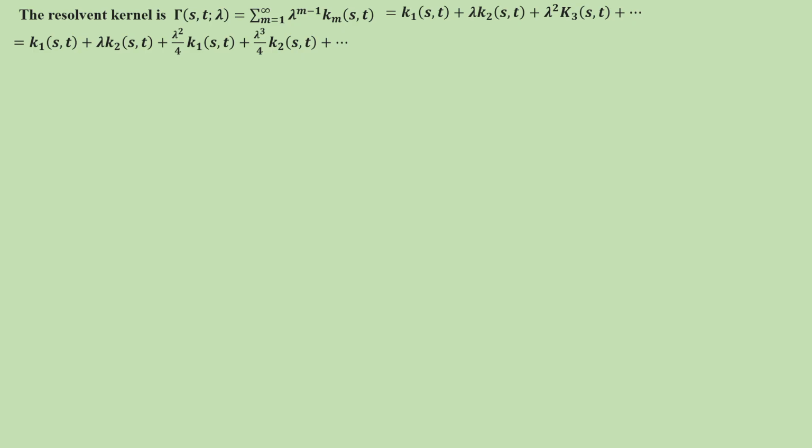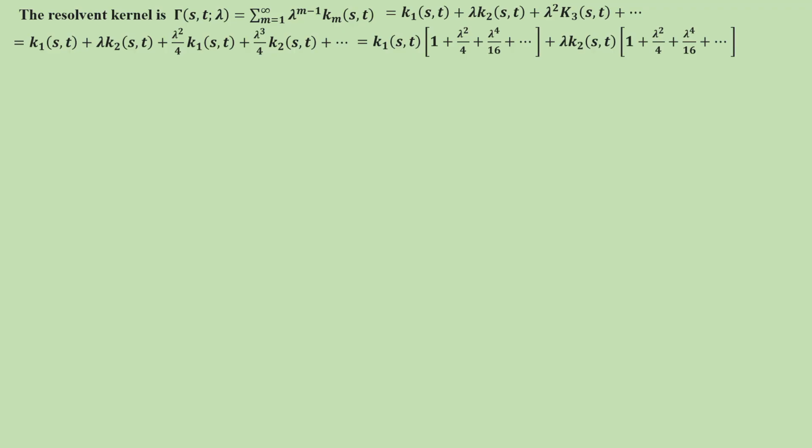So we will get k1 of s comma t plus lambda into k2 of s comma t plus lambda square by 4 into k1 of s comma t plus lambda cube by 4 into k2 of s comma t plus etc. So k1 of s comma t into (1 plus lambda square by 4, plus lambda power 4 by 16, plus etc), plus taking lambda k2 of s,t from those terms. The second term and fourth term are with k2 of s,t, lambda k2 of s,t. The first term and third term are k1 of s,t terms, right?